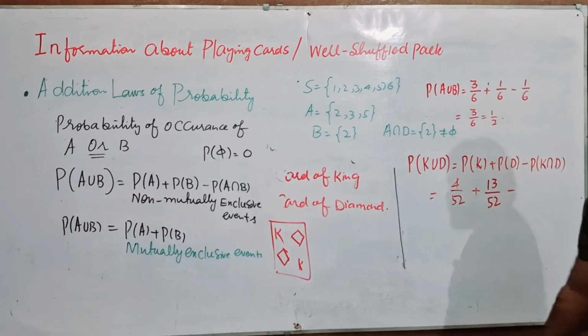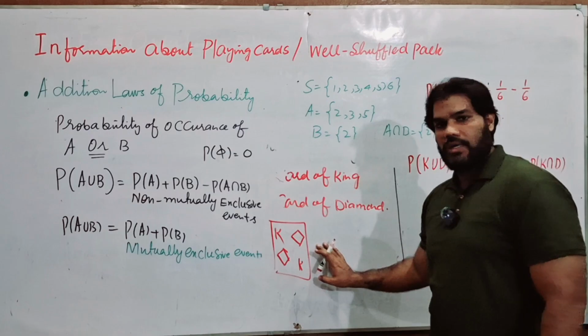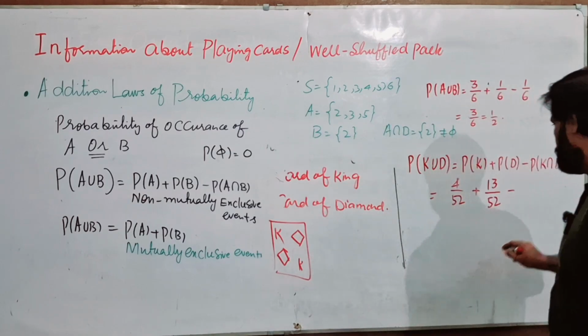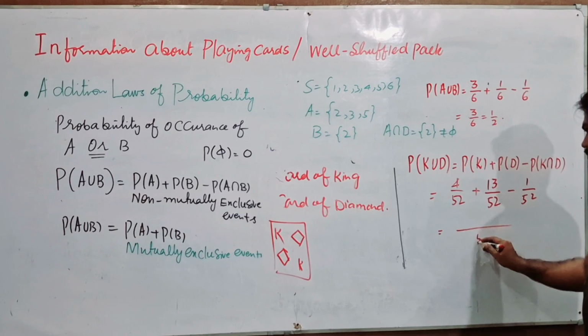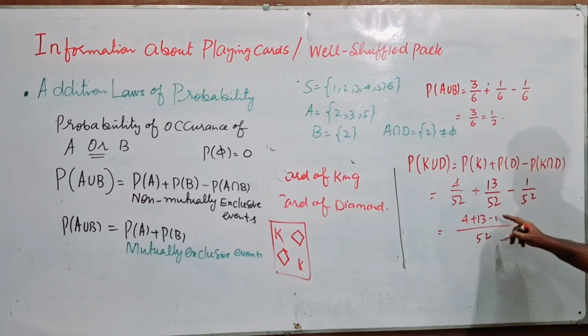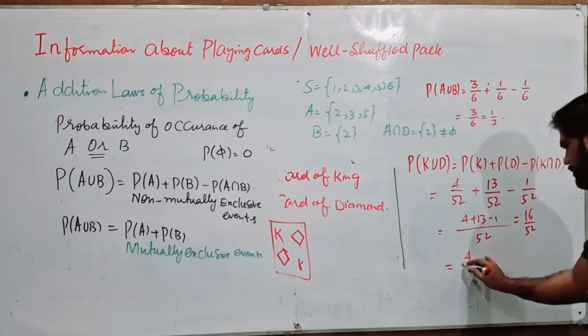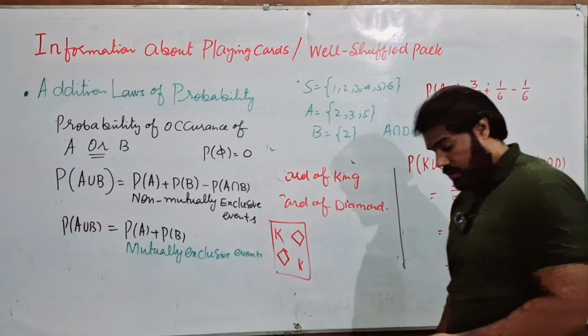How many cards are both a king and a diamond? There is only a single card, so 1 out of 52. So your answer is (4 plus 13 minus 1) over 52. This is 17 minus 1, 16 over 52. And finally, 4 times 4 is 16, 4 times 13 is 52. So the required probability is 4 by 13.